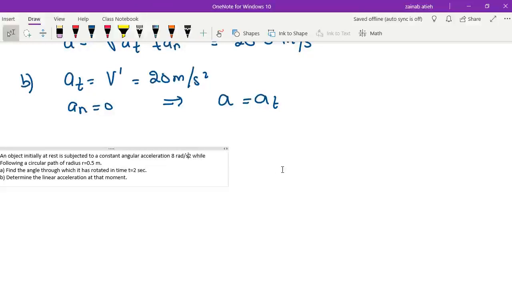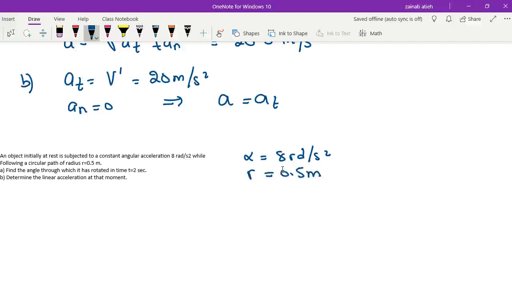So I have angular acceleration alpha equals 8 radians per second squared and r is equal to 0.5 meter. Find the angle through which it has rotated in time t equals 2 seconds. So I have to find theta.